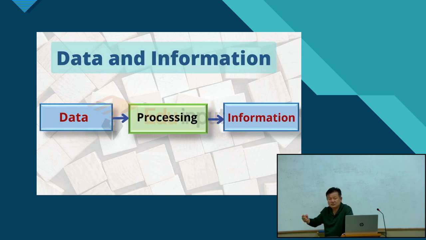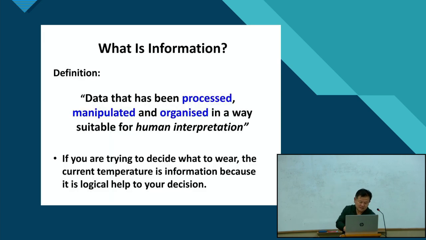And then you can make your idea for your research, for some human processor. It's a human interpretation. Everything is related to human interpretation because we are living here. So that's why information is related, very suitable for human interpretation.